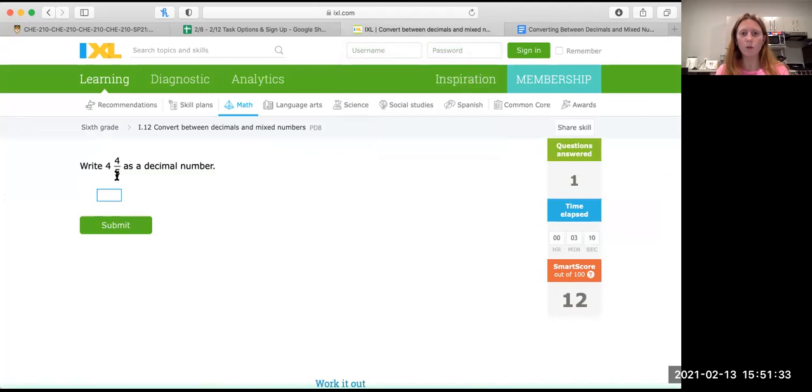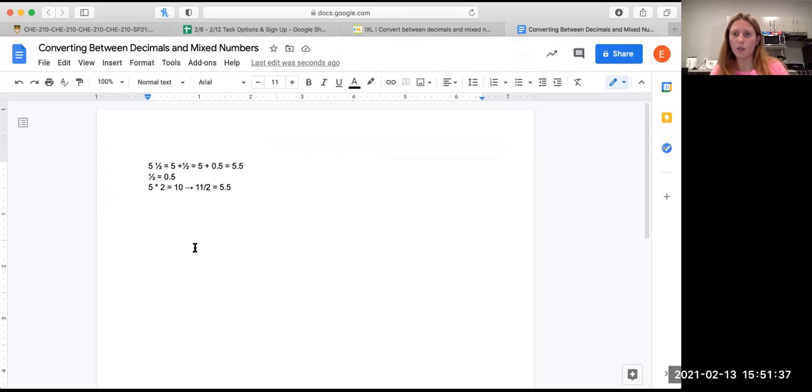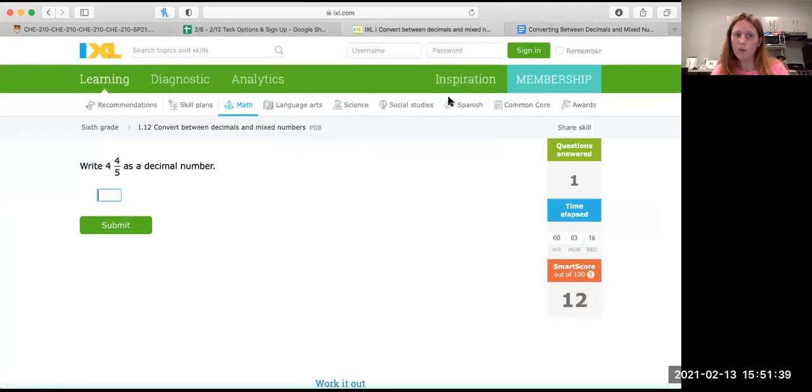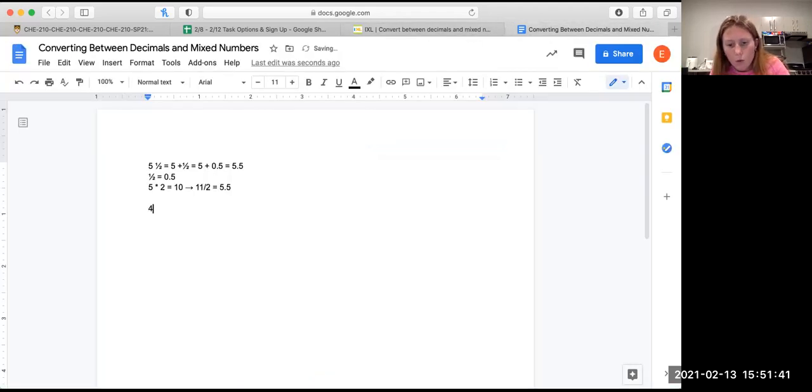So 4 4/5. This gets, again, a little bit more tricky, because you might not know what 4/5 equals. So this is going to be the same thing as writing 4 plus 4/5.